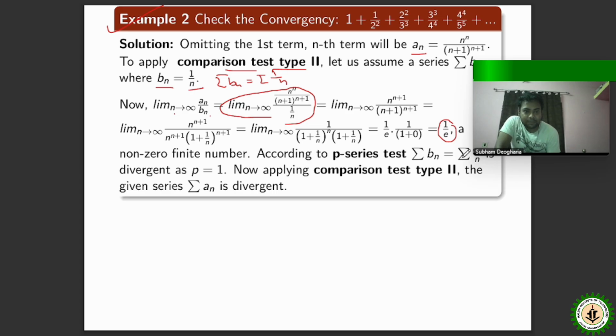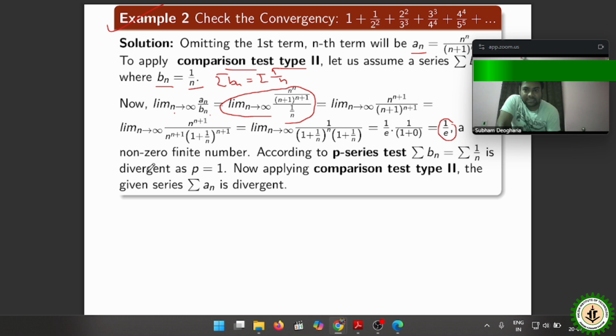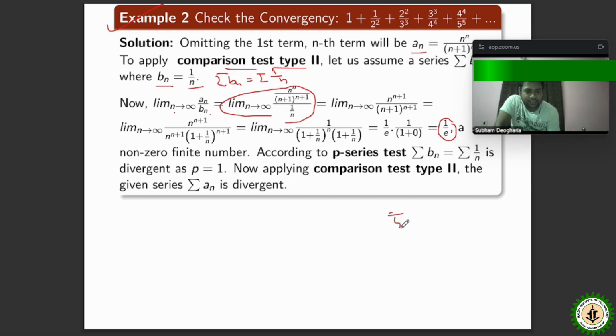Now here bn is a divergent series because p is equal to 1. This is a p series, because bn is 1 by n: 1 plus 1 by 2 plus 1 by 3 plus so on.